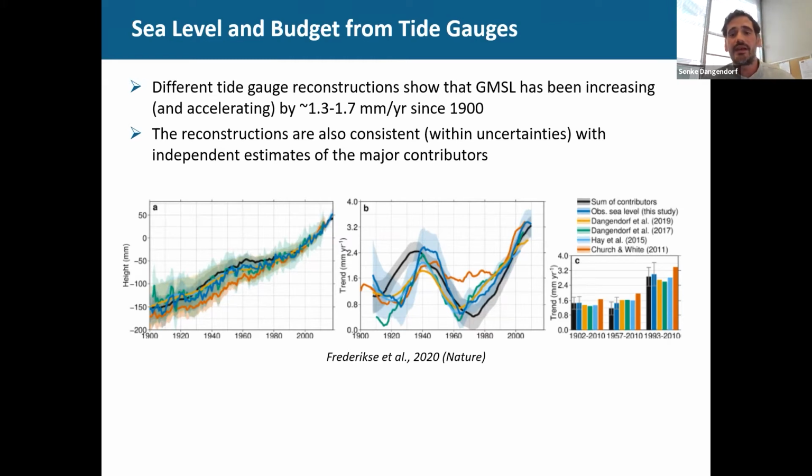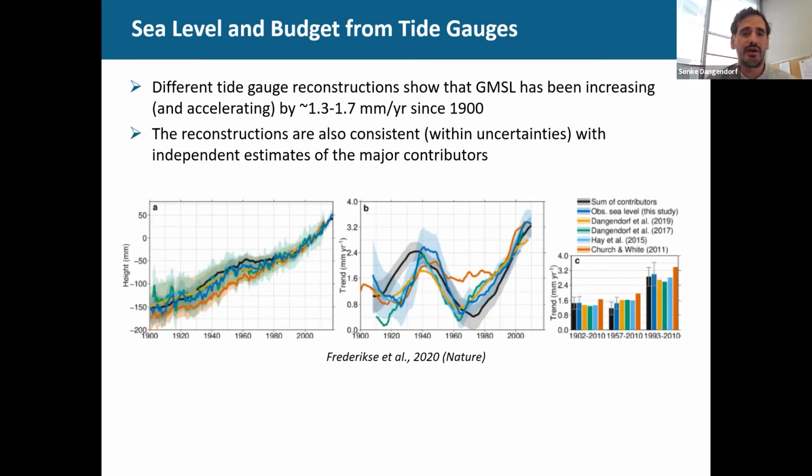And you can see that independent of the groups, all the reconstructions show that global mean sea level has been increasing by approximately 1.3 to 1.7 millimeter per year since 1900. All of these reconstructions shown here also agree on a positive acceleration over the 20th century. And most recent results suggest that this acceleration has been starting in the late 1960s.